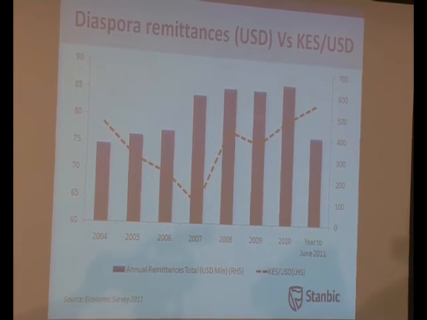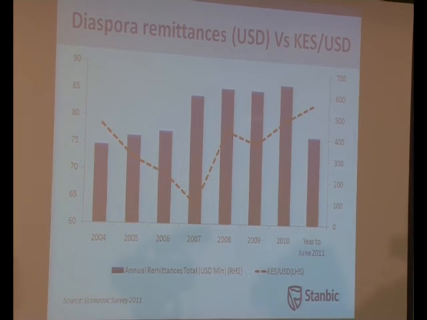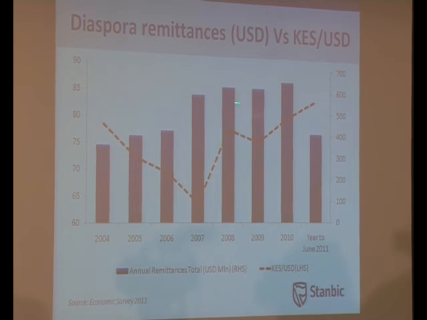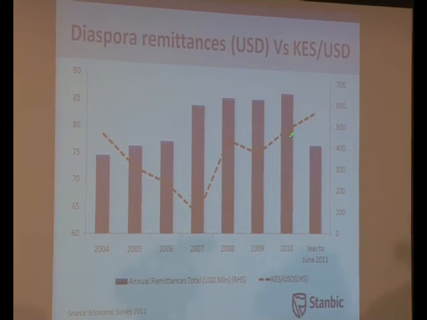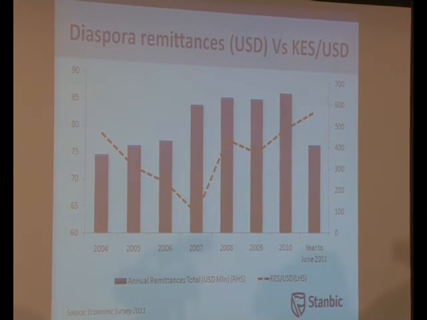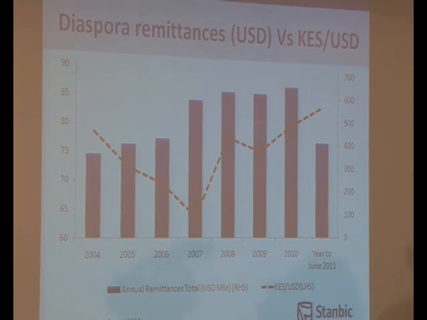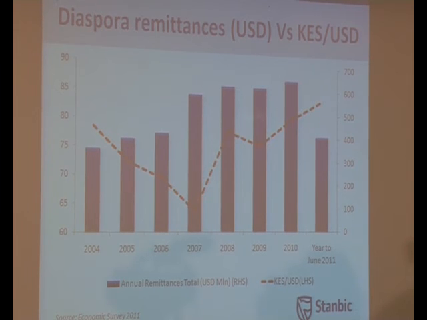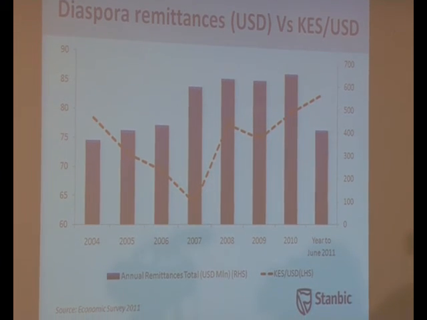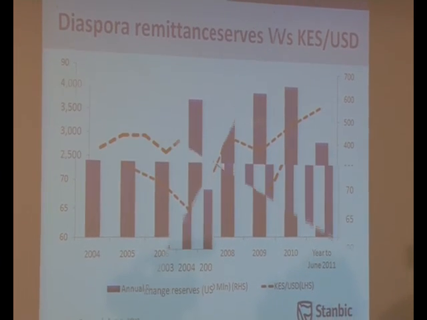But again, we can see that the pattern is repeated. After 2007, in as much as the diaspora remittances continue to increase, but at a decreasing rate, the value of the shilling subsequently goes down. We actually begin to lose value. So again here we can see that it's not because diaspora remittances have gone down, they've actually gone up. They don't explain what has been happening to the value of the shilling.